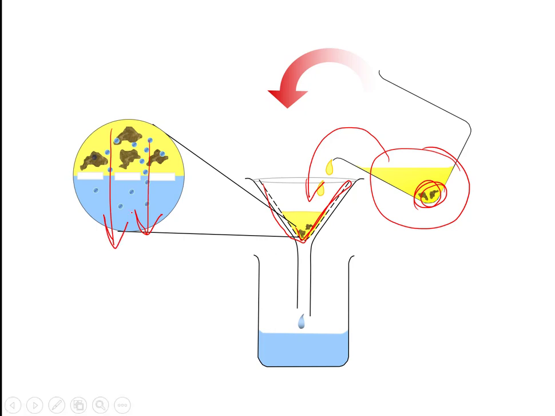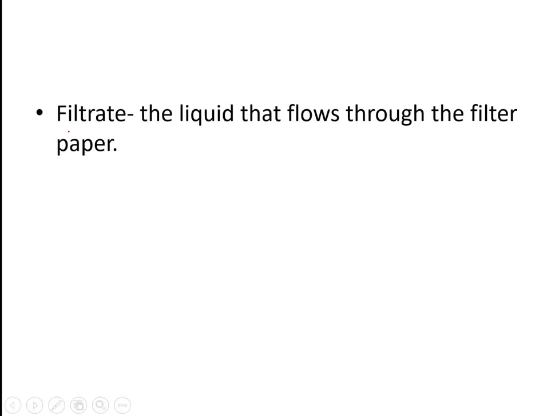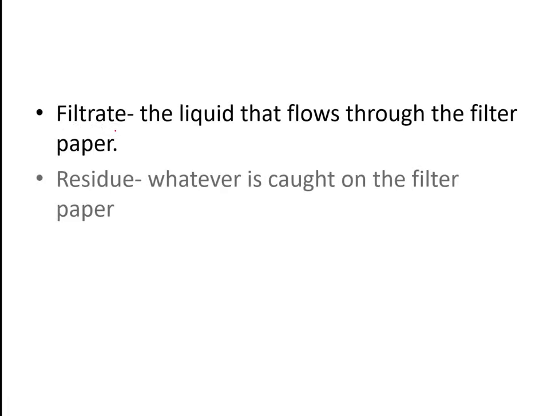All right, so we have a specific term for those 2 things, the solid portion and the liquid portion. The liquid portion is referred to as the filtrate. The filtrate is the liquid that flows through the filter paper. The residue is whatever is caught on the filter paper. So commonly this would be your solid component.